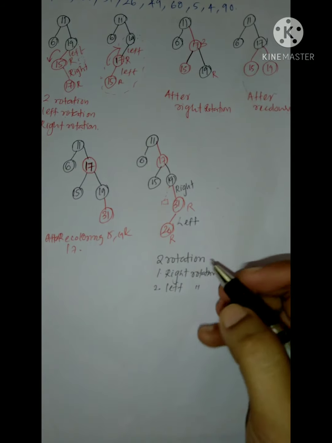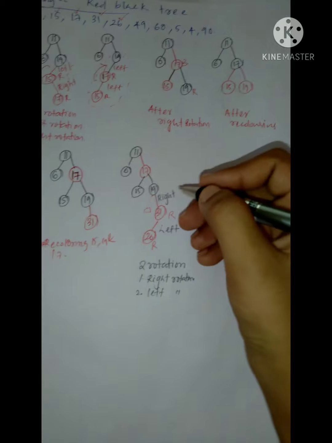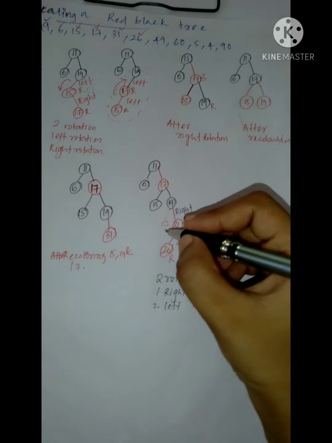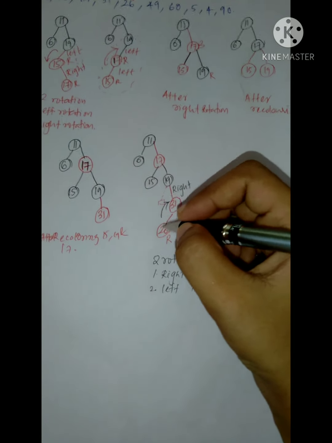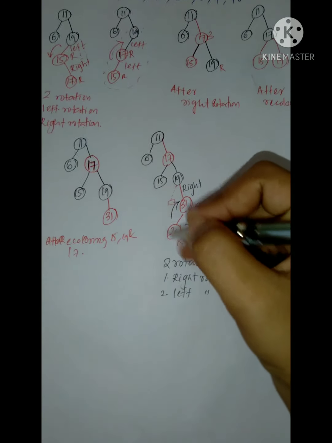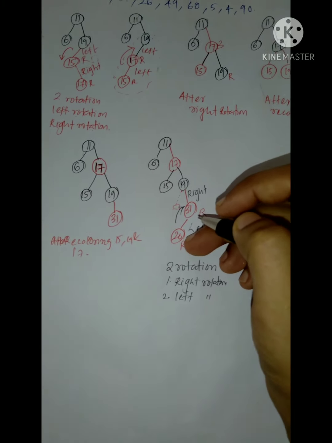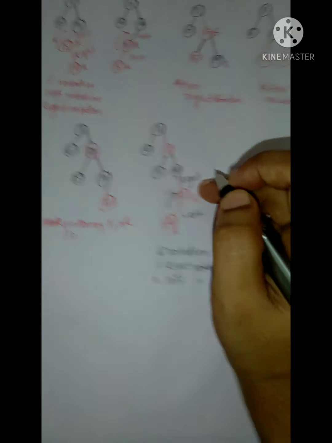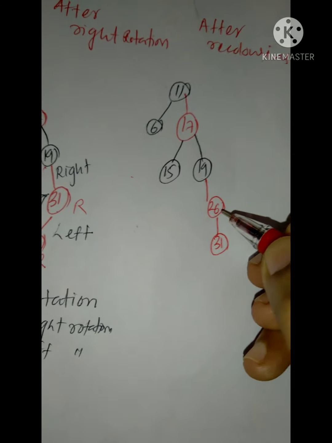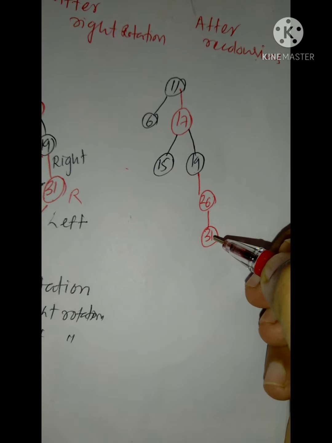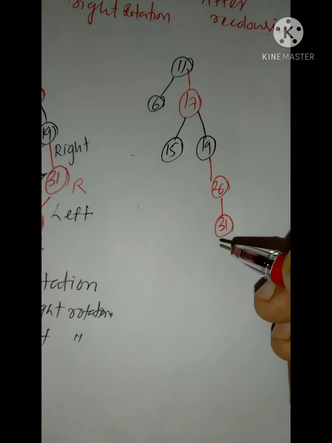Okay, so we can perform the first right rotation. When we perform right rotation, only the values 31 and 26 will change together. Okay, we can rewrite that. 26 will come up and 31 will come as a child of 26. So we have performed the right rotation.